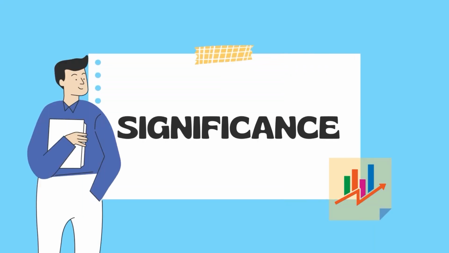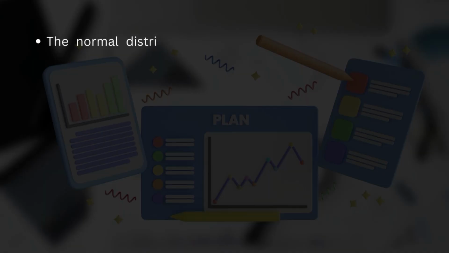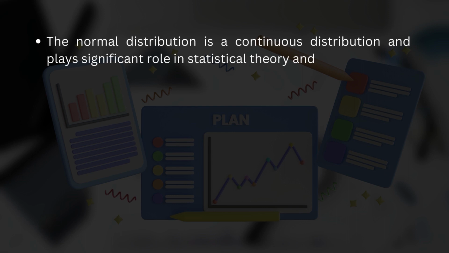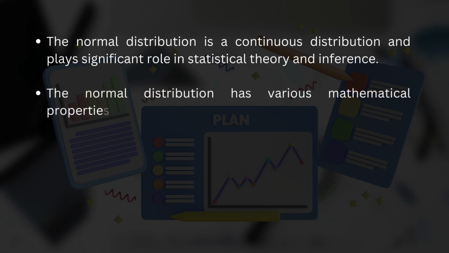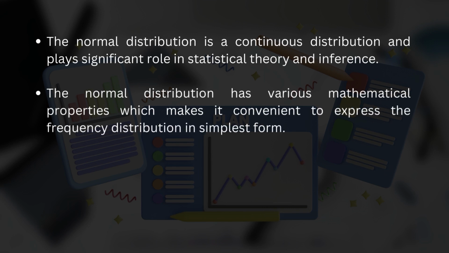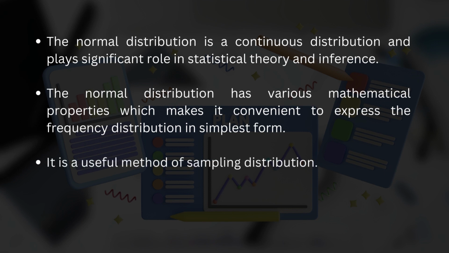Now, let us try to understand the significance of normal probability curve. Normal probability curve is a normal distribution which is a continuous distribution, and it plays a significant role in statistical theory and inference. The normal distribution has various mathematical properties which make it convenient to express the frequency distribution in simplest form. It is a useful method of sampling distribution.